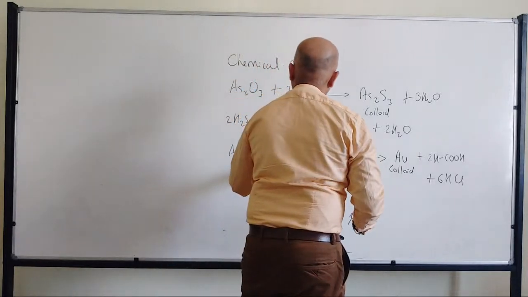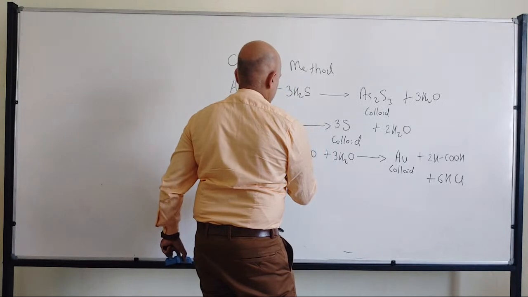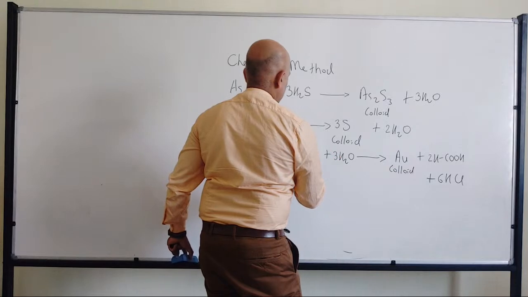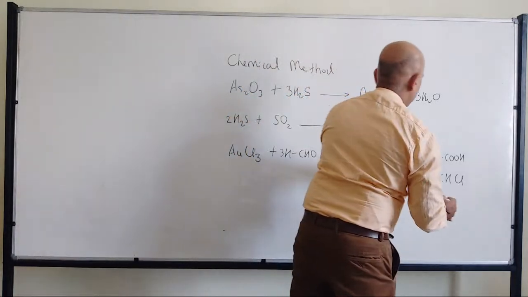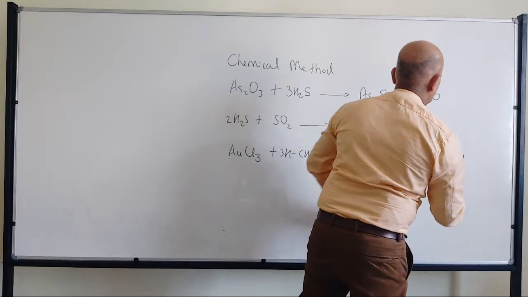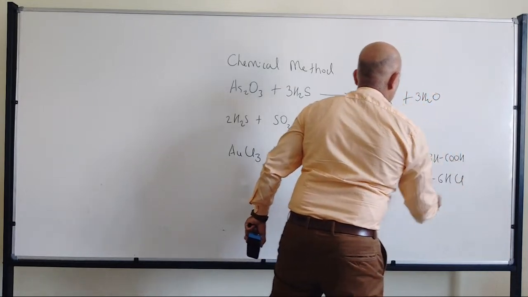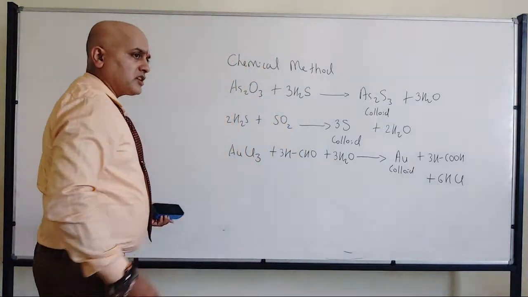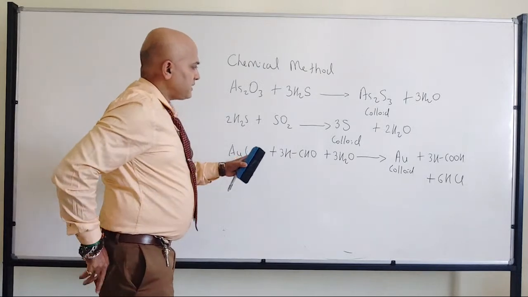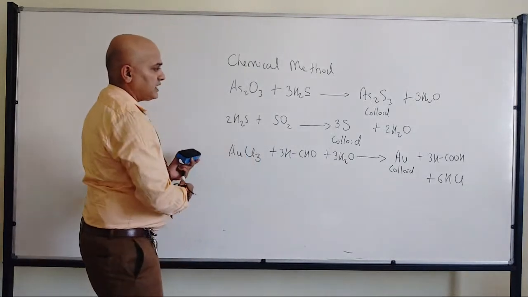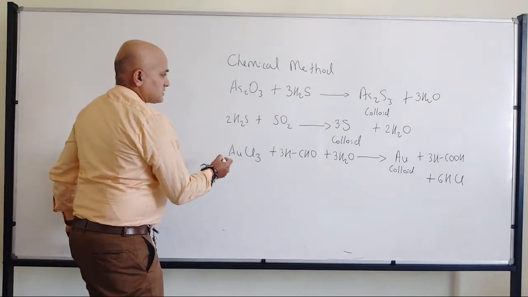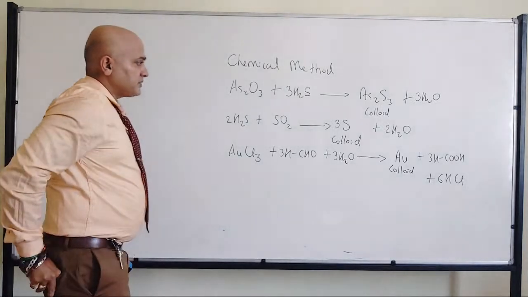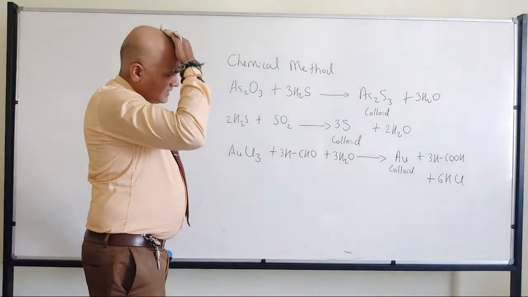Okay. I think it's got balanced. Just cross check whether it is balanced. I think it is balanced. Only thing is here we have to write 6 gold. Okay, fine. I think it is balanced. Right? So just cross check whether it is balanced.